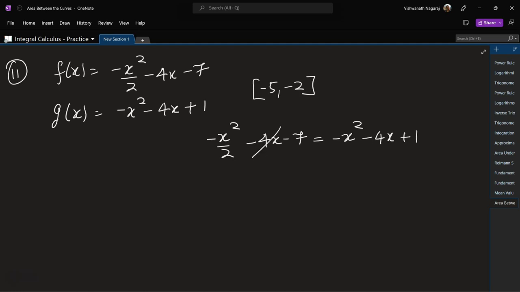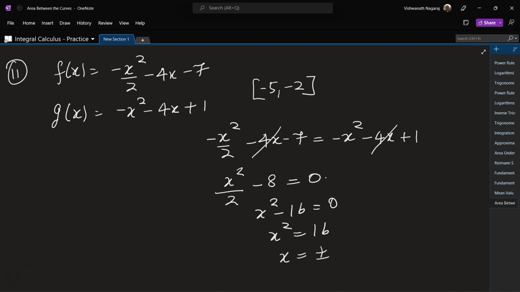Okay, so minus 4x cancels, minus x square by 2 plus x square will give us x square by 2. Minus 7 minus 1 will give us minus 8 is equal to 0. So x square minus 16 equal to 0. X square is equal to 16. X equal to plus or minus 4. Now here plus 4 is irrelevant because it is outside the domain.